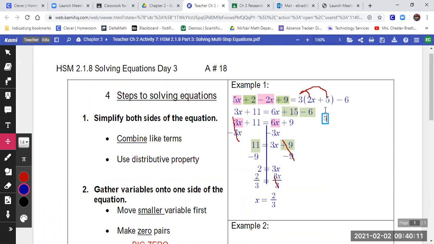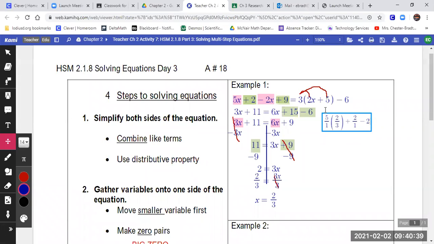So 5 over 1 times 2 over 3. I substituted the 2/3 into the x, plus 2 over 1. Now all of them are turning into fractions because our x was a fraction.